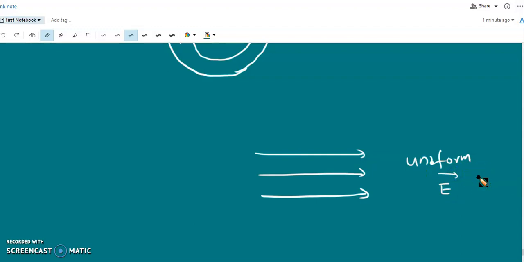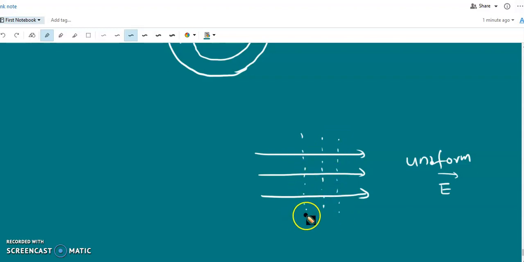For a uniform electric field, represented by equidistant parallel lines, the electric field is along this direction, and we have seen that the corresponding equipotential surface will be normal to the field. So the corresponding equipotential surfaces are perpendicular to these field lines.